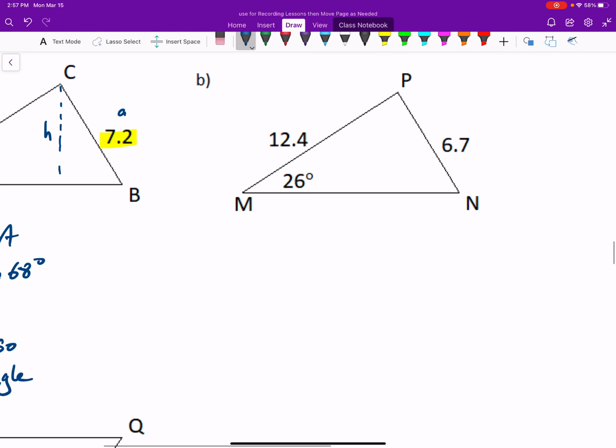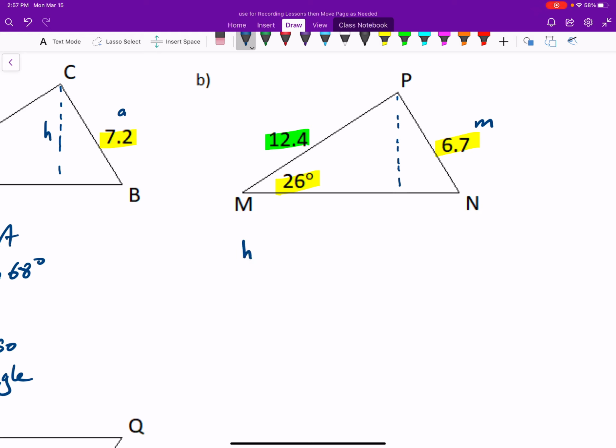Now here's a case where, as I started to say for the other one, it doesn't have to be A, B, and C. It's just got to be, here's the side and angle across from each other, here's the other side. It doesn't even matter which way the triangle's turned. This is the side that I'm always concerned about. Is that one going to tuck underneath or be long enough or whatever?